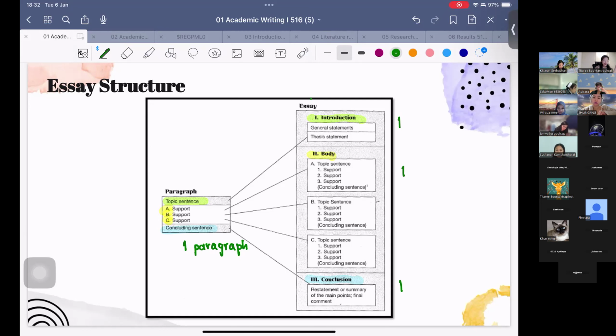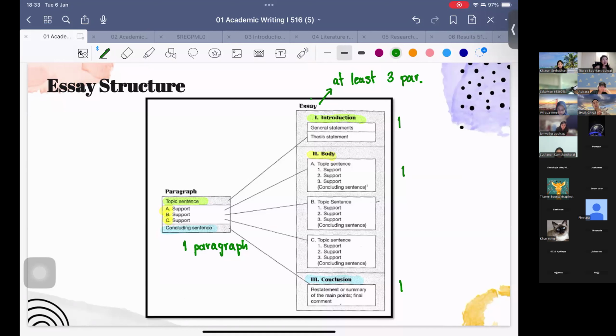So a definite thing is that for an essay, you will have at least 3 paragraphs. That is the minimum, which is, I would say, the shorter version. However, I believe in your context now, you are graduate students, you probably explain more things and have more details to talk about, which is why you might end up with more than 3 paragraphs.